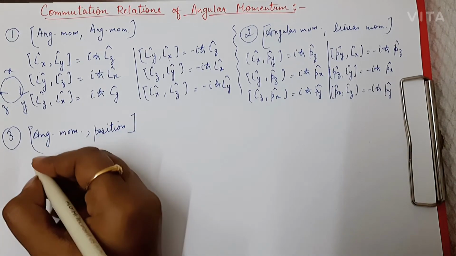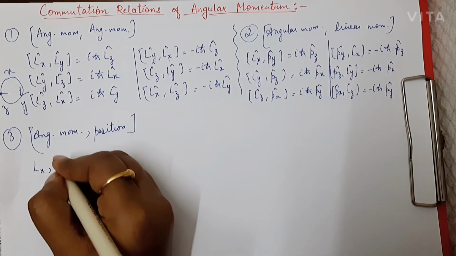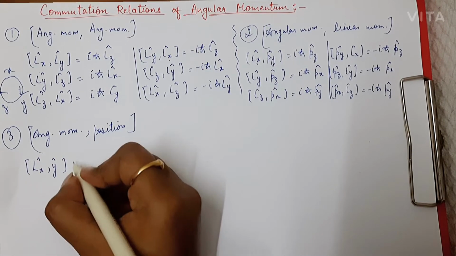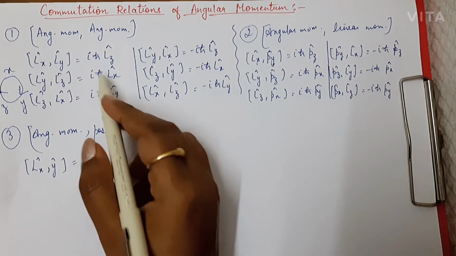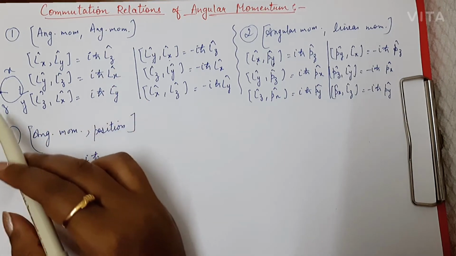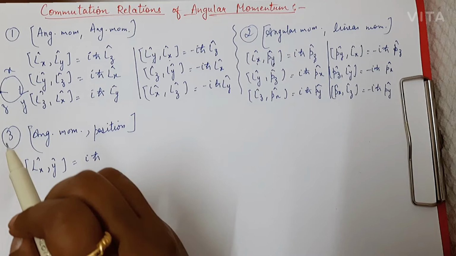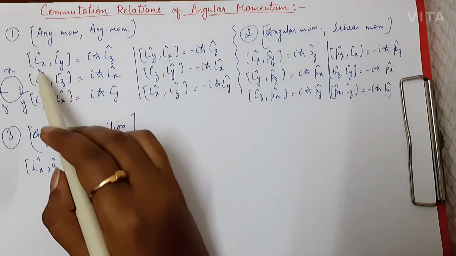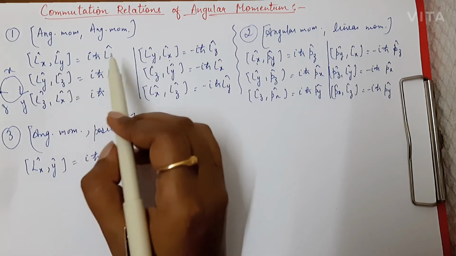Now here we have Lx with y. So again we are moving clockwise from x to y. So it is iota h cross. See, iota h cross is everywhere when we are moving clockwise, and minus iota h cross is everywhere whenever we are moving anti-clockwise. So if you are using up x and y, then the answer will be in terms of z, right?